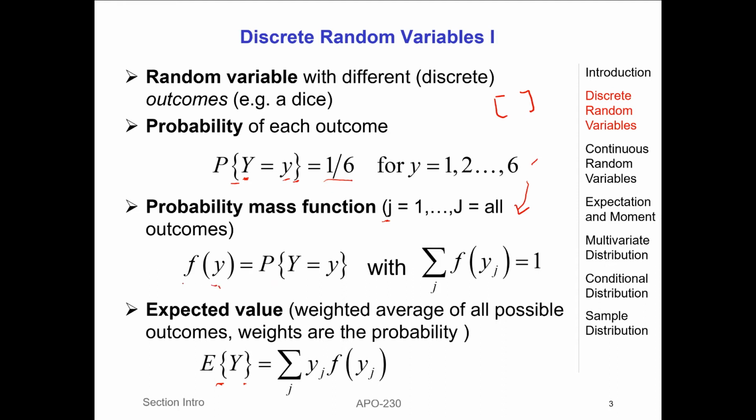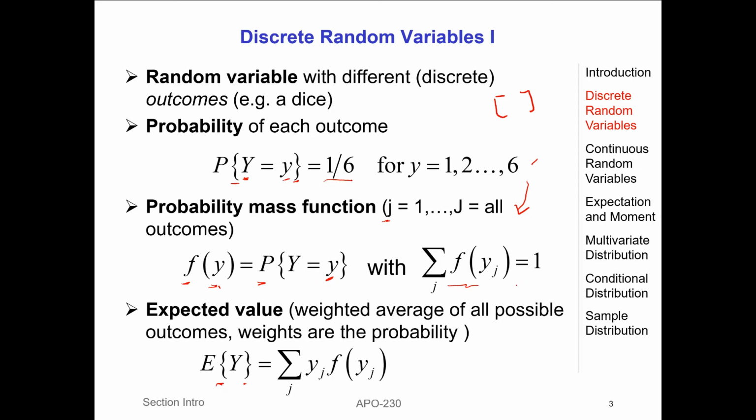So here it can be denoted as small f_y equals P, the probability that the outcome of the random variable equals a certain possible outcome, small y, and all the probabilities sum up to 1.